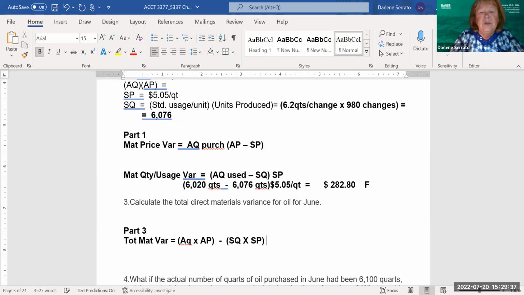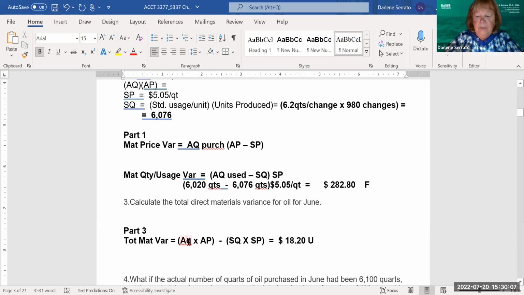Doesn't make any difference which order you put these in, which is going to give you $18.20 unfavorable.